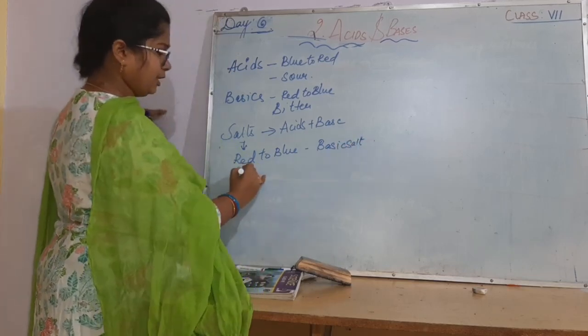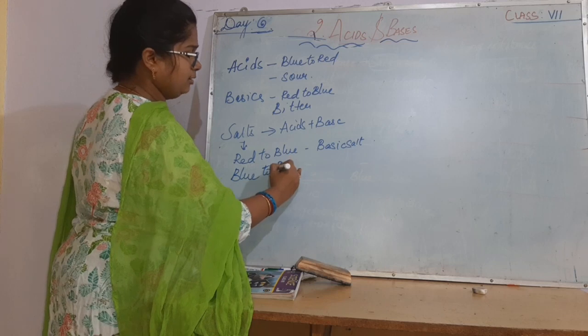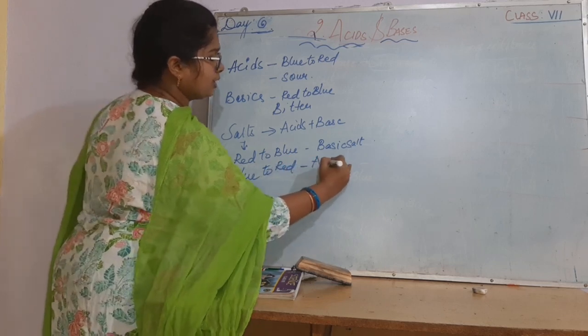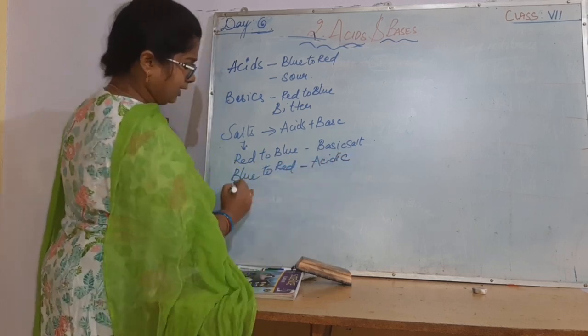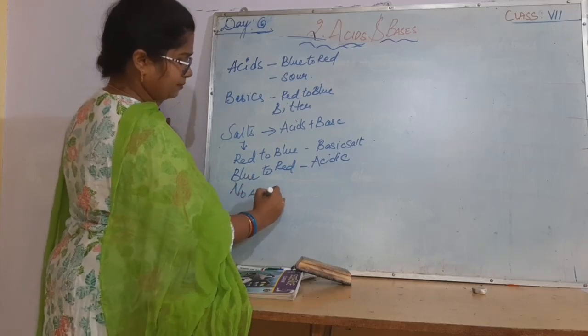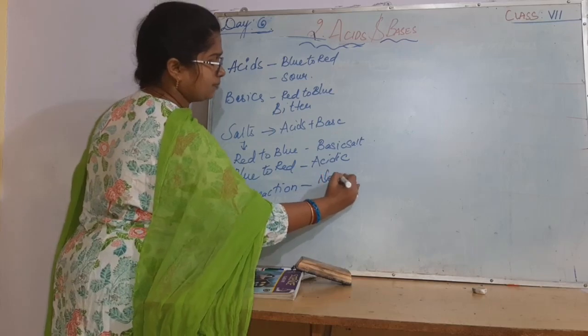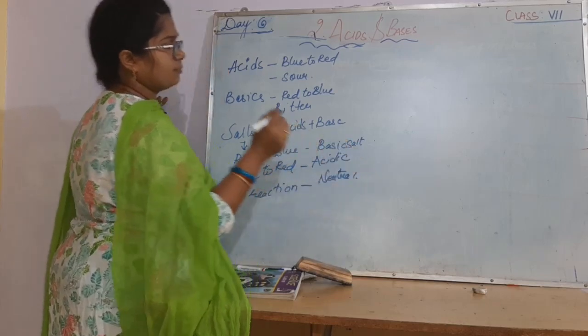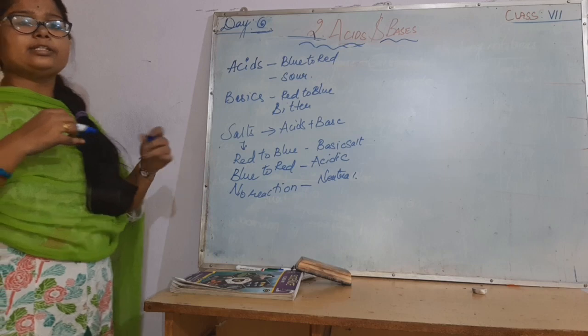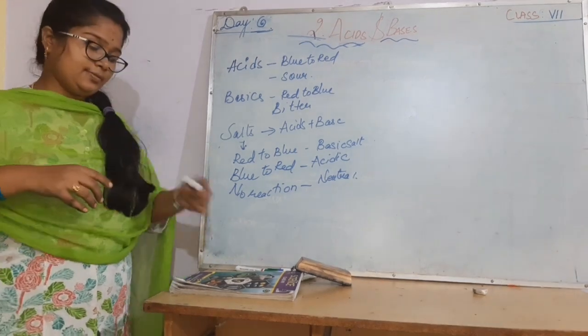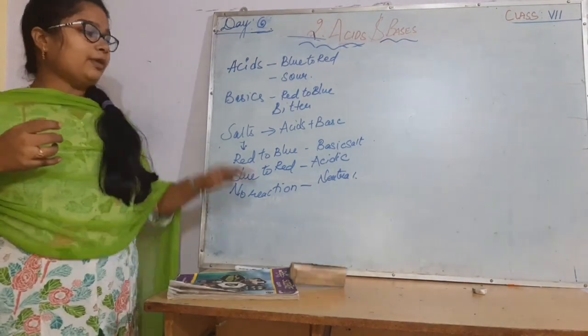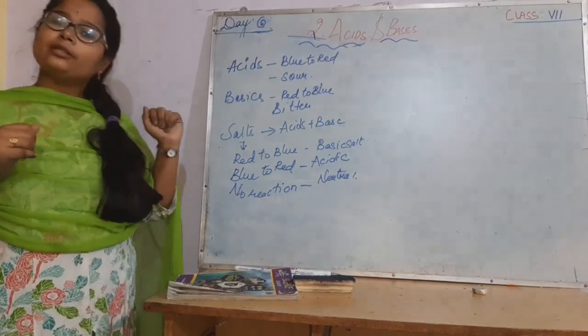If it is blue to red, it is an acidic salt. No reaction with litmus paper, it is said to be a neutral salt. These are the main things we have learned in this lesson about acids, bases, salts. Thank you, children.